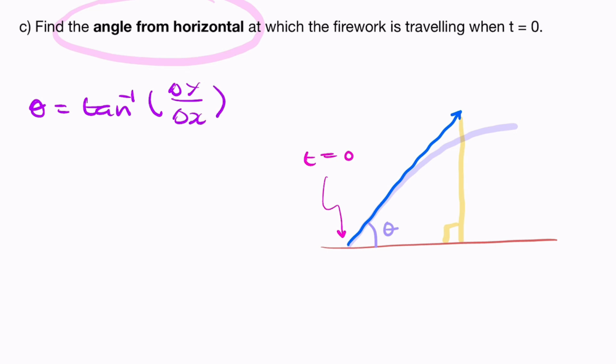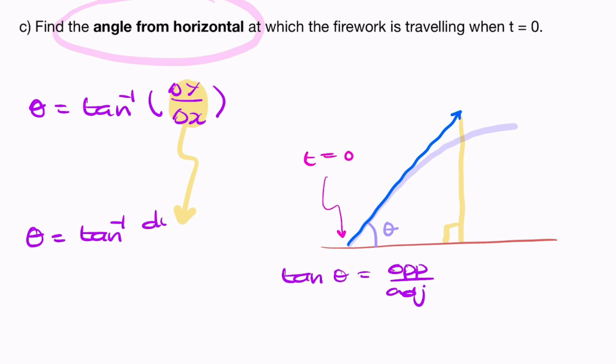Because the tangent of the angle, by definition, is the opposite divided by the adjacent side. So the opposite side is delta y, and the adjacent side is delta x. But delta y over delta x is really just dy by dx at that point t equals 0. So theta equals the inverse tan of dy by dx, or the gradient of the tangent.